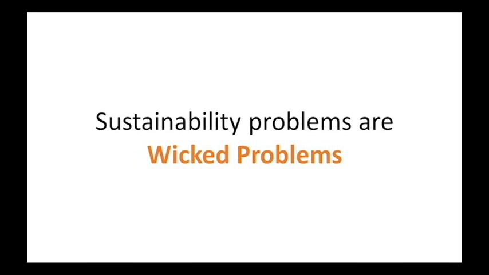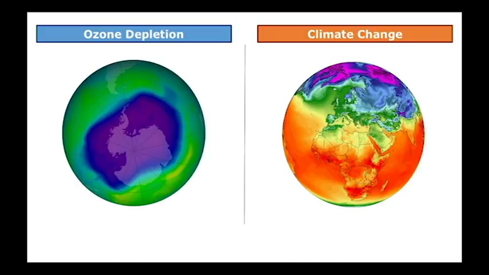We're going to compare two types of human-caused environmental problems, ozone depletion and climate change. And what you're going to see is that ozone depletion falls into a category called tame problems. These are your run-of-the-mill, simple, easy-to-solve problems that we encounter on a regular basis.